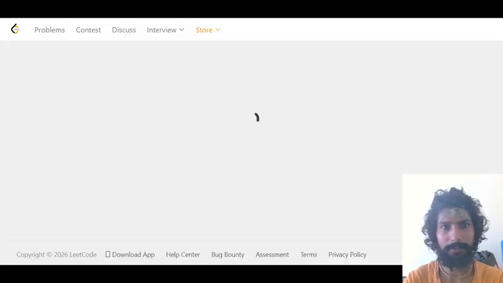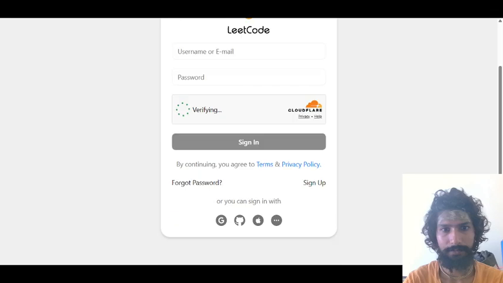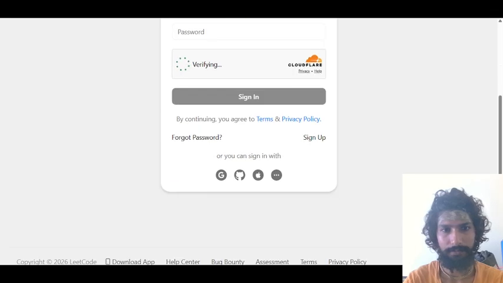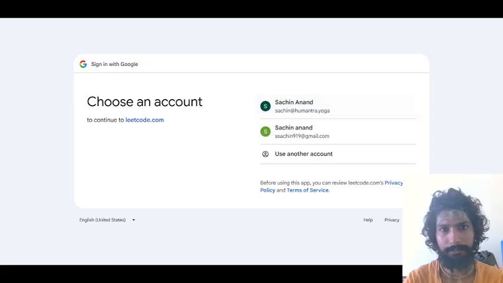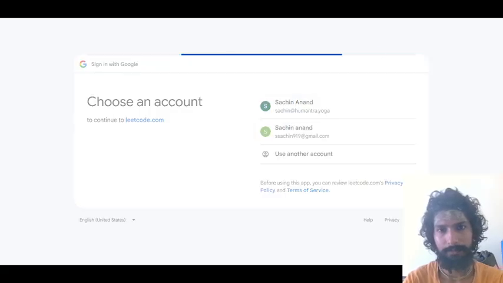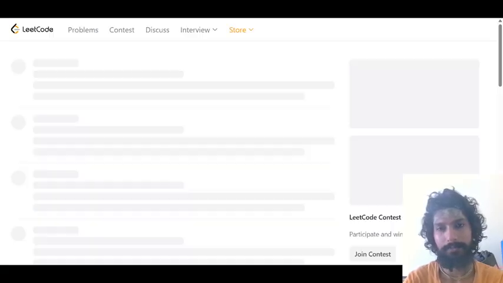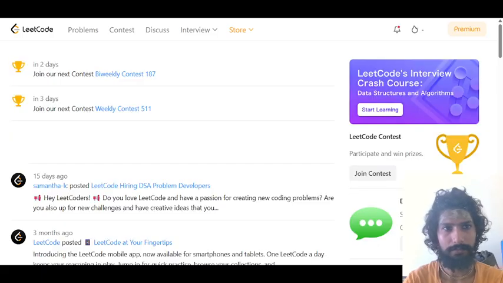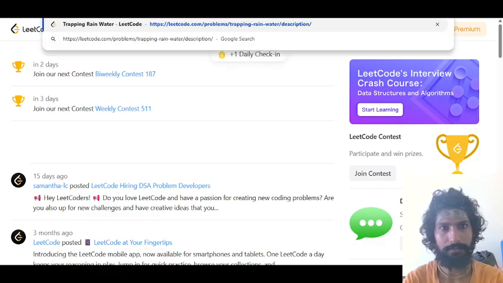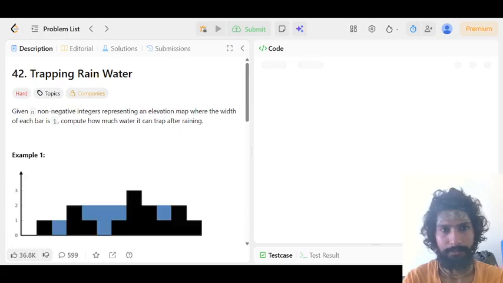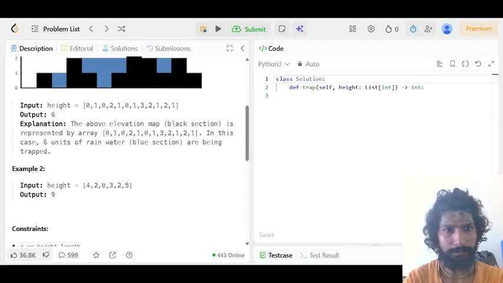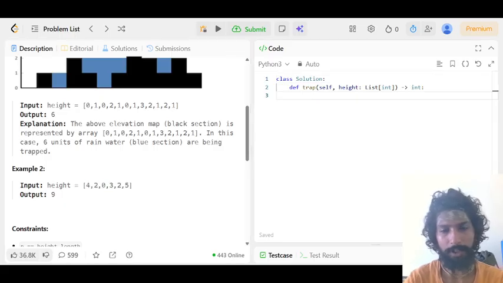Let me log in here. So this is our height 4, 2. So let me create some kind of structure here.